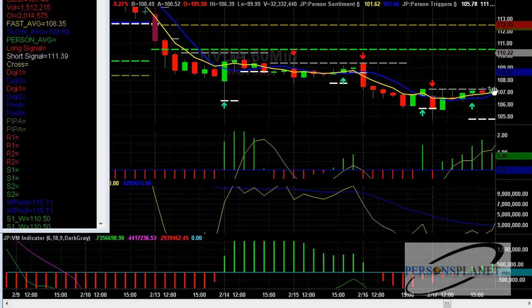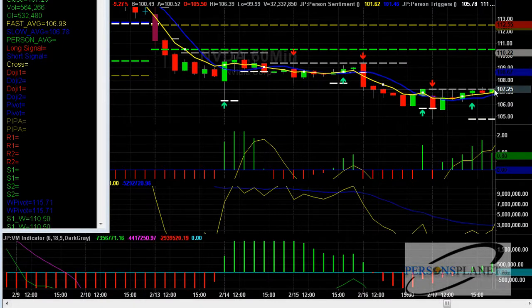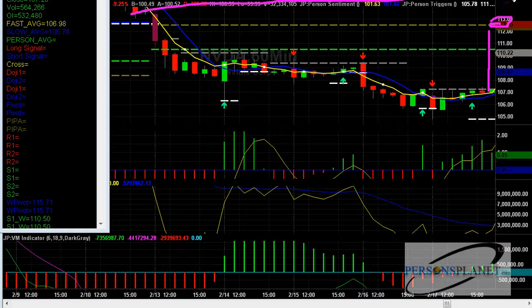So when the market closed on the 17th, as you can see, the close was at 107.23. I'm suggesting sometime this week that we could see an uptick near 112, maybe as high as 115, somewhere up there, right? But somewhere in that resistance zone.